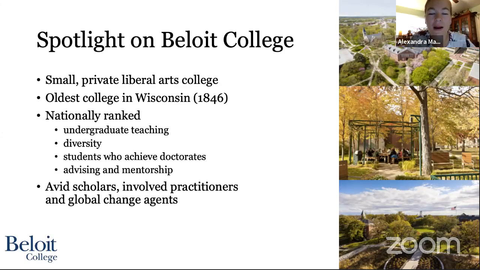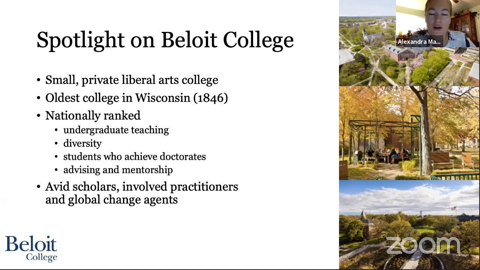So if I had to describe Beloiters in one sentence for you in terms of what makes us different and unique, what sets us apart is our students are avid scholars, they are involved practitioners, and they are global change agents. And these descriptors speak to we are a selective institution. We want students who love to learn, who love to push themselves and challenge themselves.